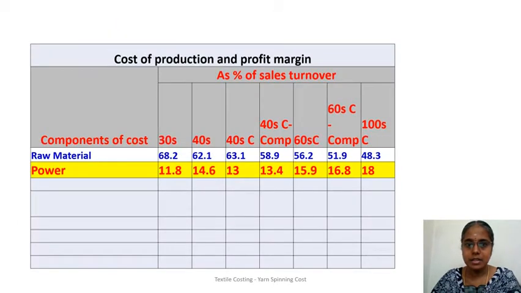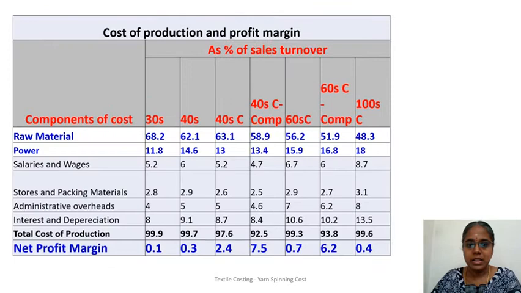The second highest cost in a yarn is the power cost. It ranges from 10 to 20% of the total cost, as we see in this chart. So it is the second largest component in the total cost. The other costs are given here, and we can also see the net profit margin for the various counts.